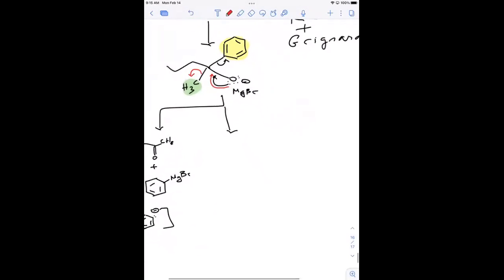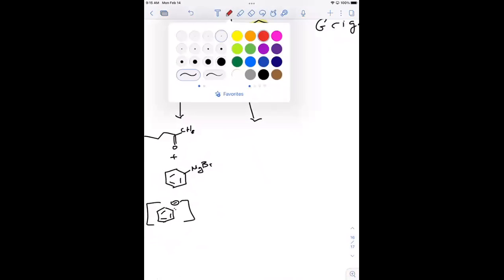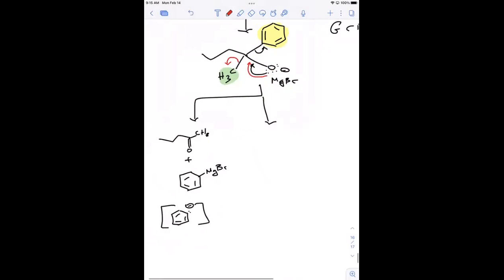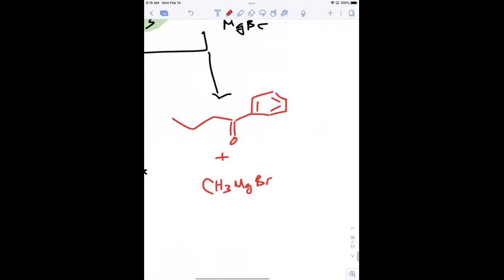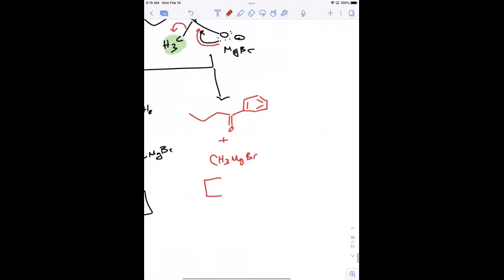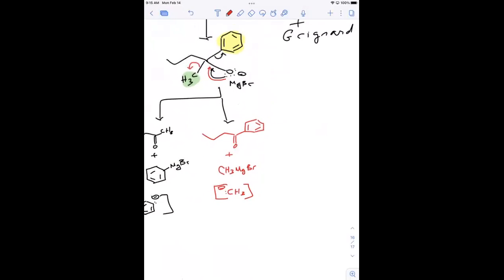So then I'll be left with a ketone that looks like this. I'll just leave it in red. Plus CH3MgBr, because that CH3, when I kick it off, is going to look like this. So that's my Grignard.